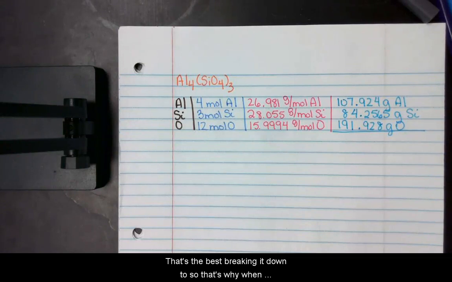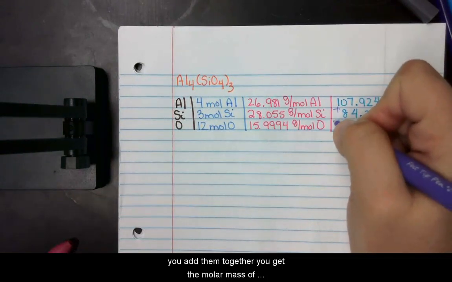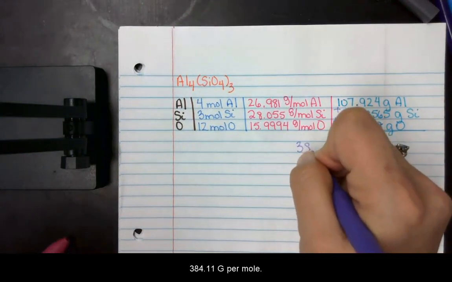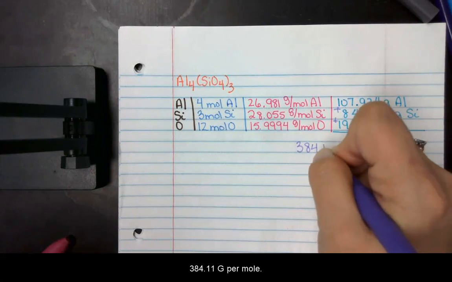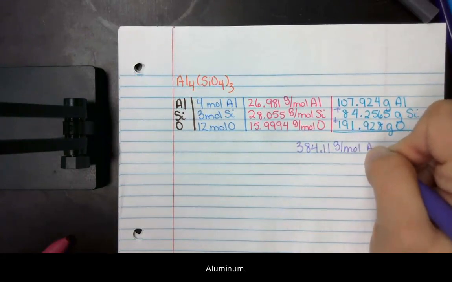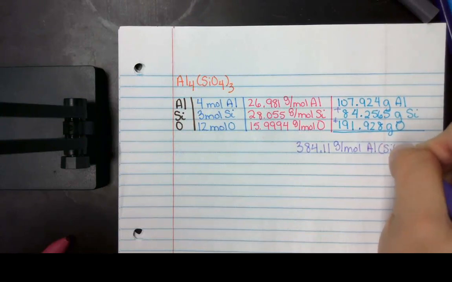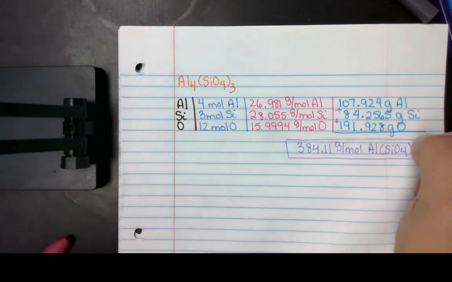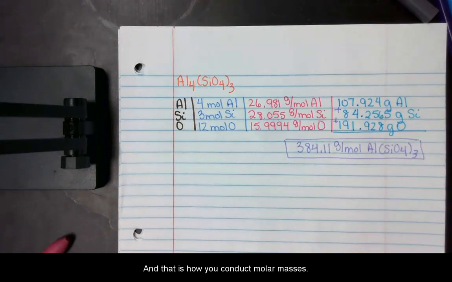So that's why when you add them together, you get the molar mass of aluminum silicate, which ends up being 384.11 grams per mole aluminum silicate. Then you box your final answer, and that is how you conduct molar masses.